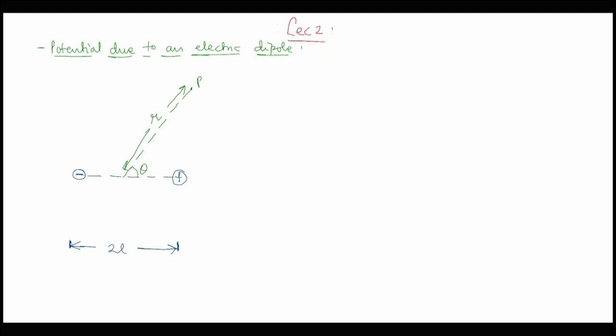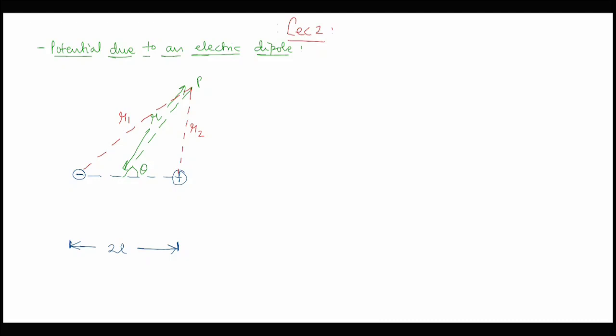Now for evaluating this, let us draw the line joining this negative charge and the point P, and the positive charge and this point P, and we are saying that this distance is equal to r1 and this one is r2.